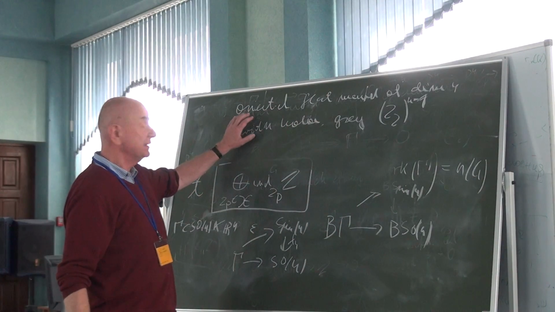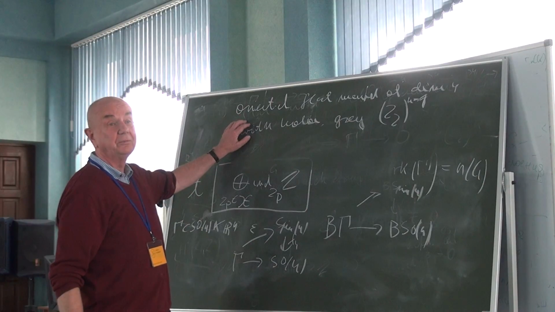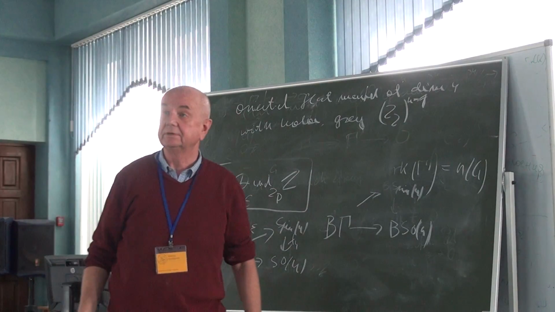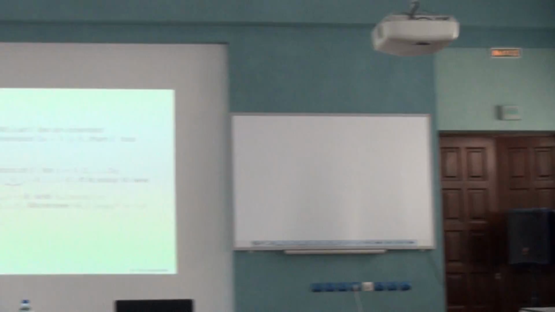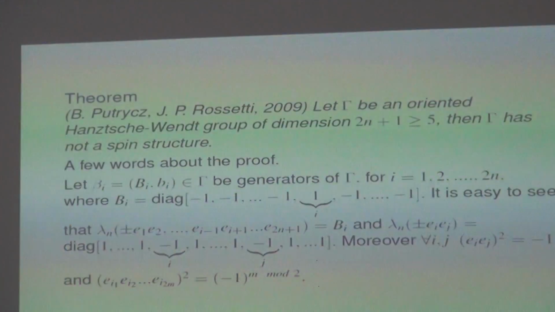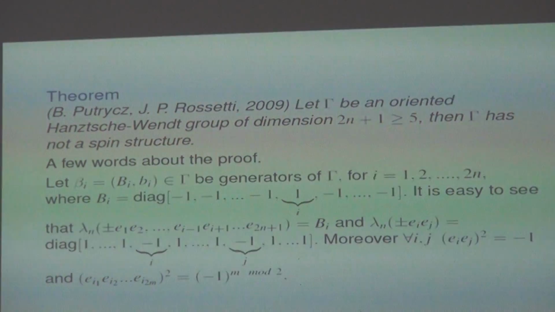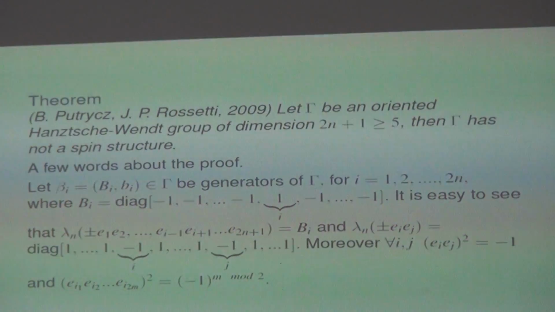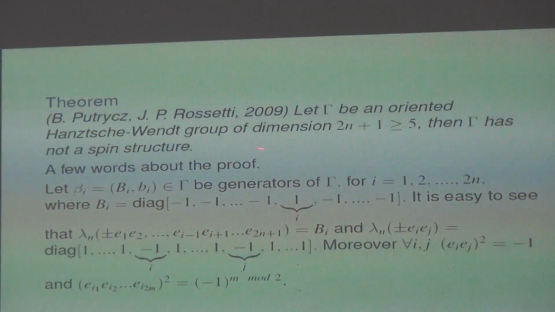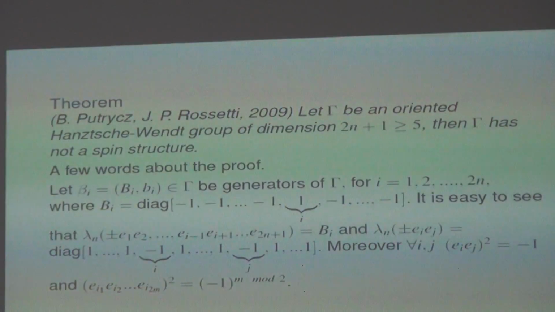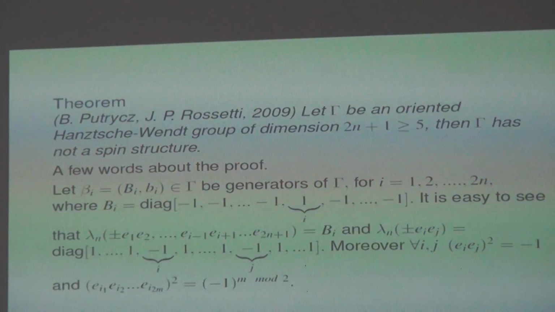For example, this class of manifolds are rational homology spheres. Yes, but you get not a manifold but a group. The special case of this holonomy group, and you get a manifold. Yes. And there is a general definition of the oriented Hantzsche-Wendt group. It is the fundamental group of this manifold.